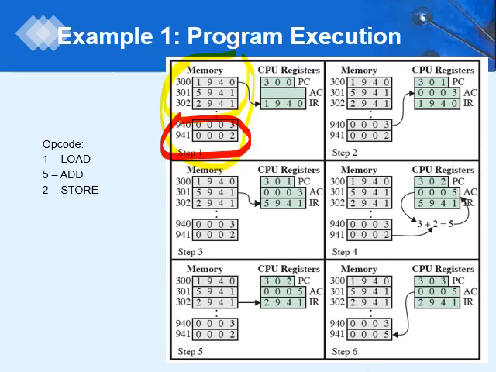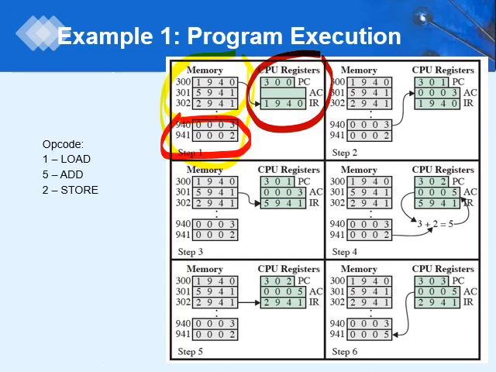We also have the content of our registers. The current program counter has address 300, and then the instruction register. So PC has the address, IR has the instruction, and the instruction right now, what is in 300? 1940, and nothing inside the accumulator yet.